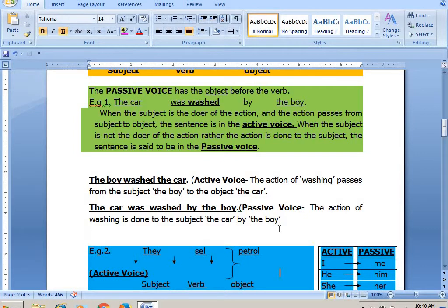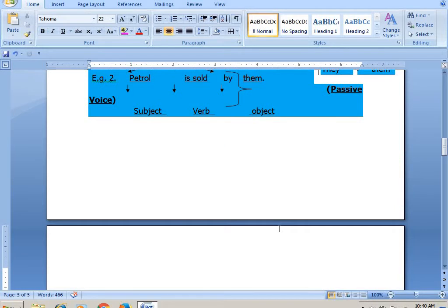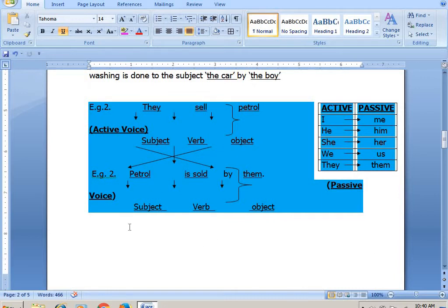Look here again as we come down. You remember the other day we had done this? Okay. Look here. I have shown you by bringing the arrows over here. They sell petrol is in the active voice, where they is the subject, sell is the verb, and petrol is the object.